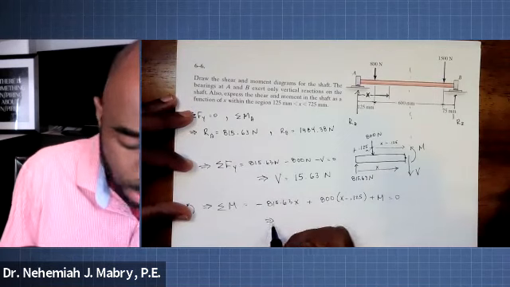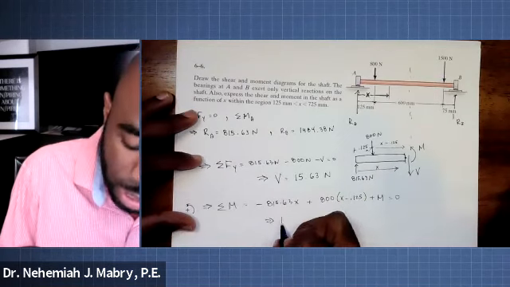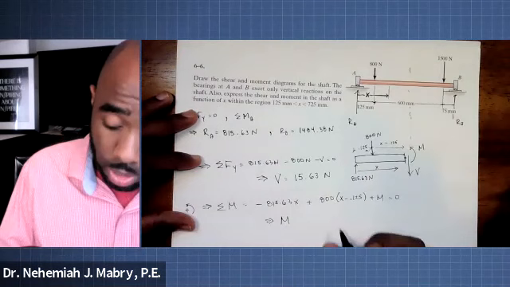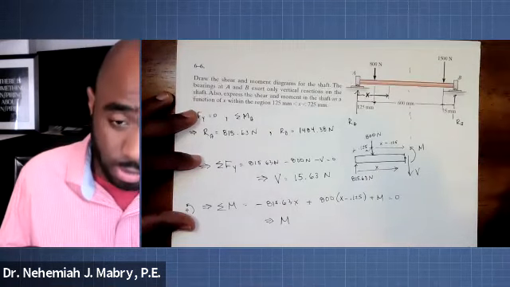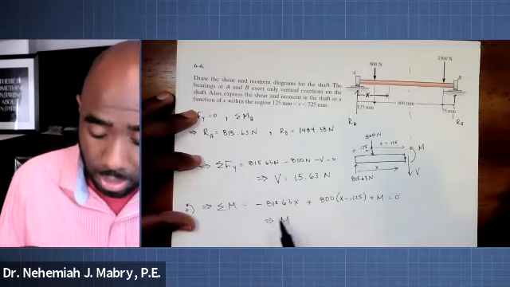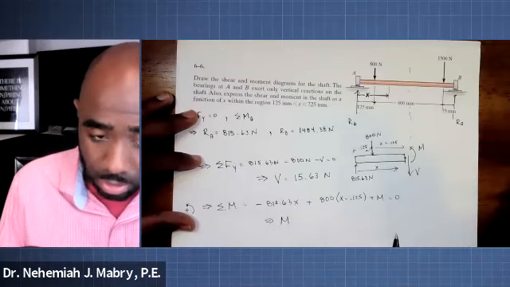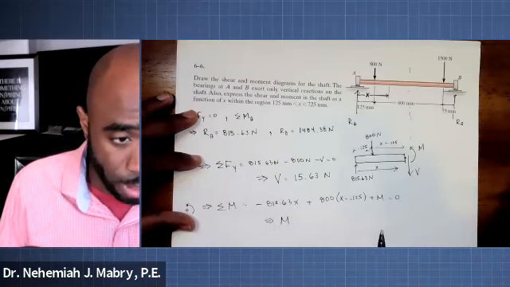Let's solve for the moment here. If we distribute that through 800, 800x, this is 15.63x here. So we're going to see some things happen right here.